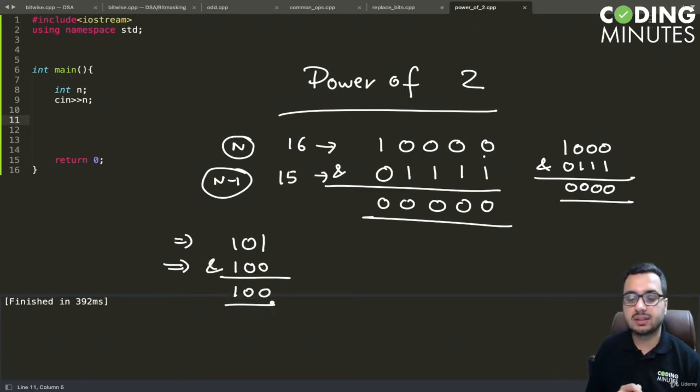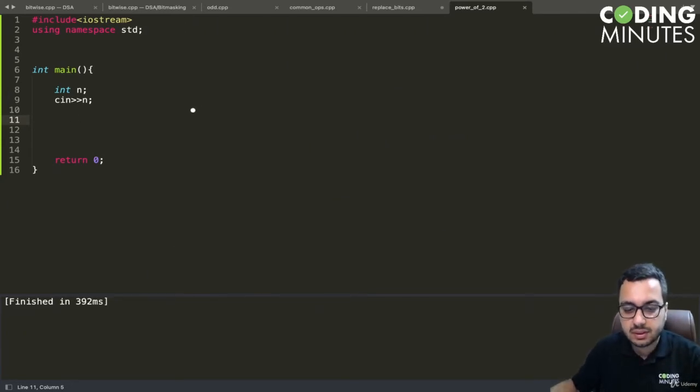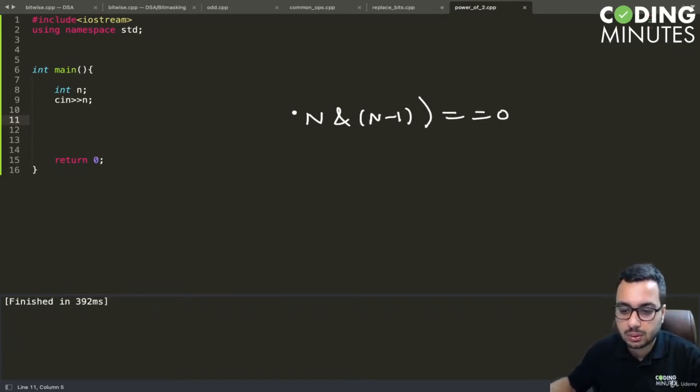So basically the check is, if n AND n minus 1 produces a result that is equal to 0, then that means n is a power of 2.